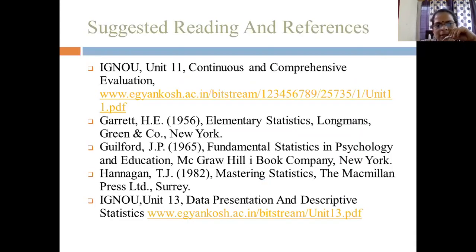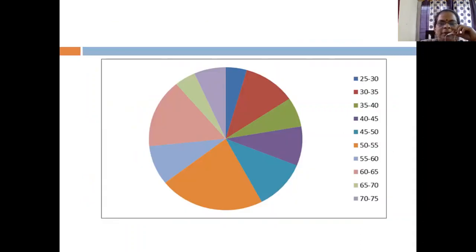So these are the 3 types of graphical representation we have in this particular syllabus of your B.Ed course. There are also many other diagrammatic representations, but here we are sticking only to that particular topic.